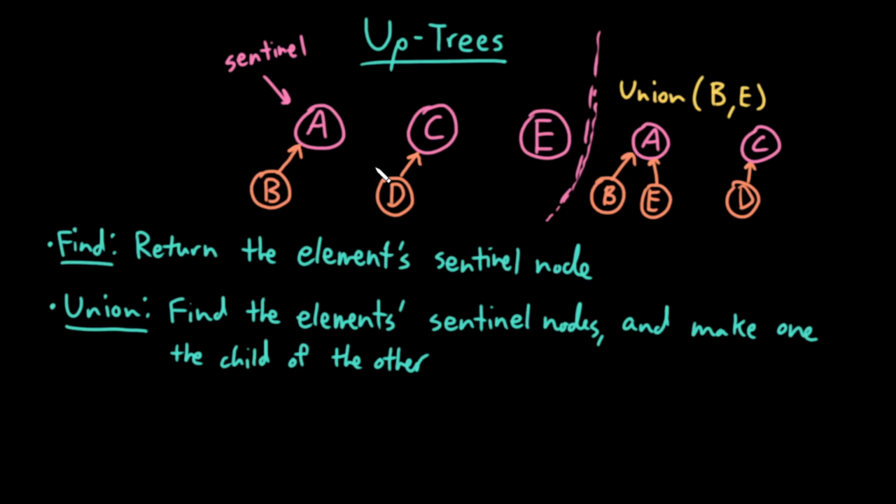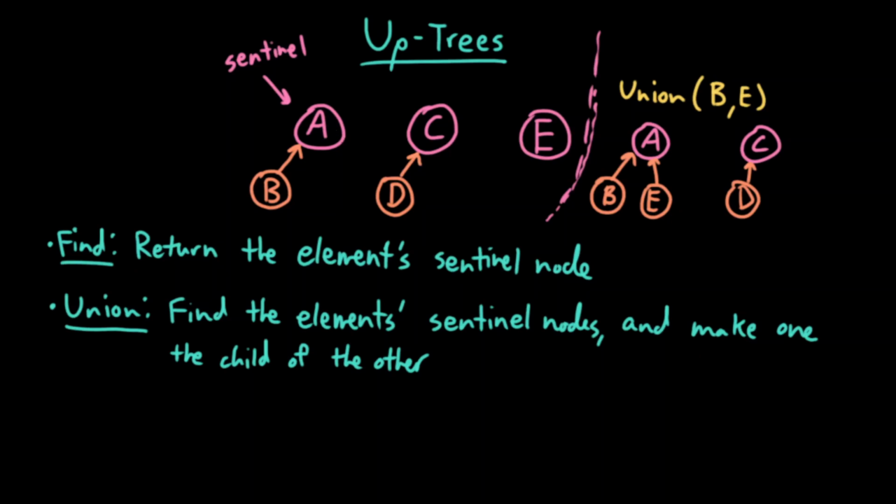Regardless of how you choose to make one node the parent of the other, both ways will make a correct uptree. One thing I want to emphasize is that nodes can have multiple children, right? We're not representing child pointers. Every node has a parent pointer, and any number of nodes could point to the same sentinel node, or can generally point to the same node as its parent.